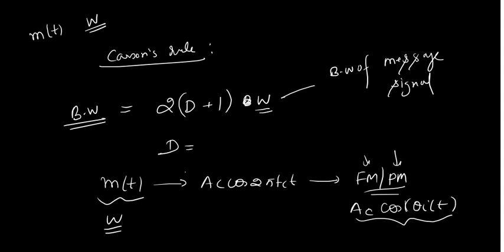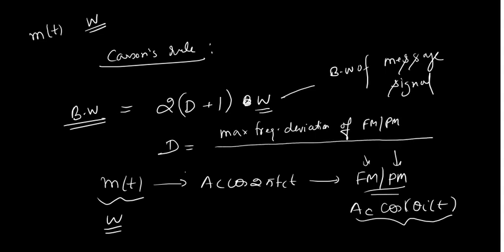D is the deviation ratio, and it is defined as the maximum frequency deviation of the FM or PM waveform divided by W, the bandwidth of the message signal. So, this is the practical bandwidth of your FM or PM waveform, within which most of the energy will lie.